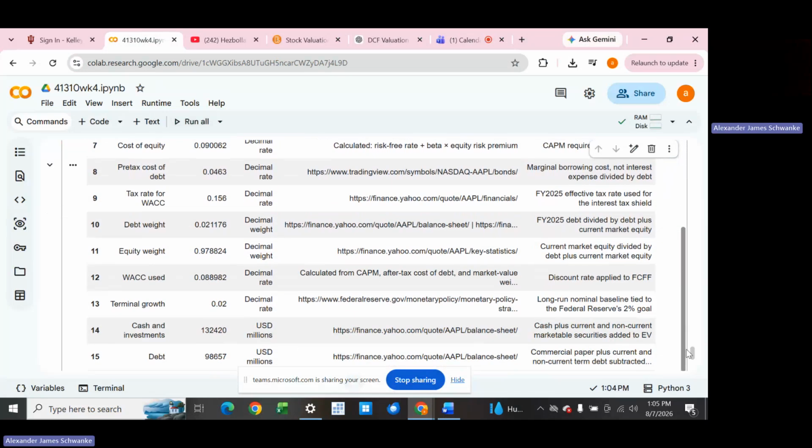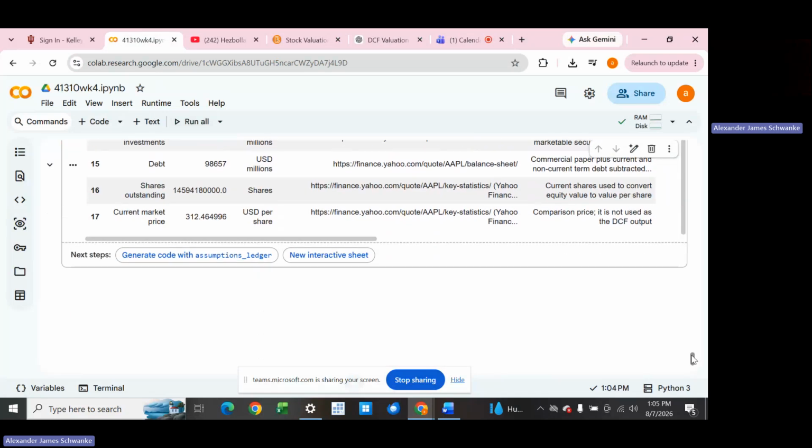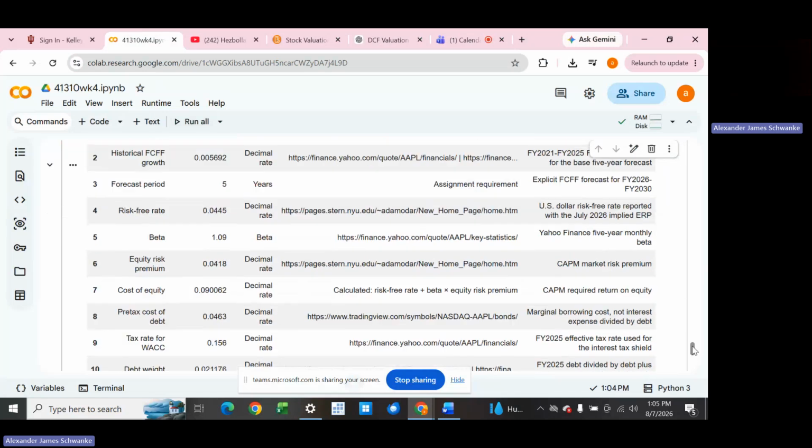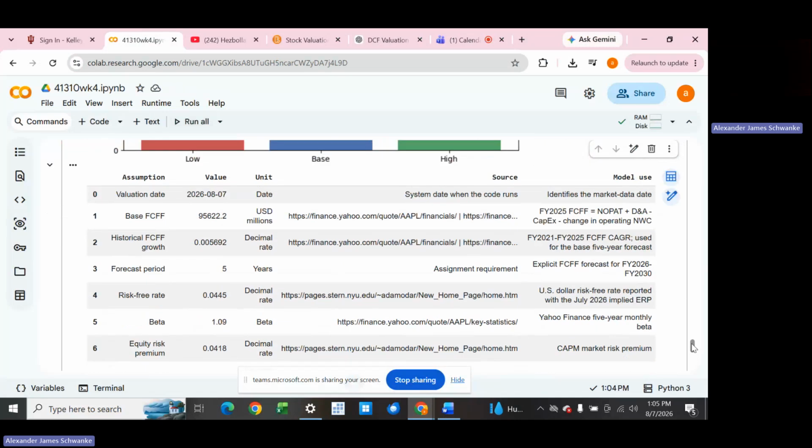So the present value of explicit FCFF is 378.9 billion. Present value of terminal value is 948 billion. The EV is 1.327 trillion.